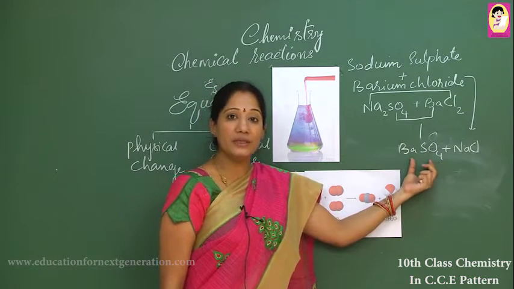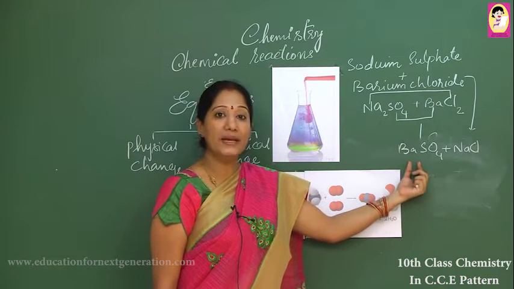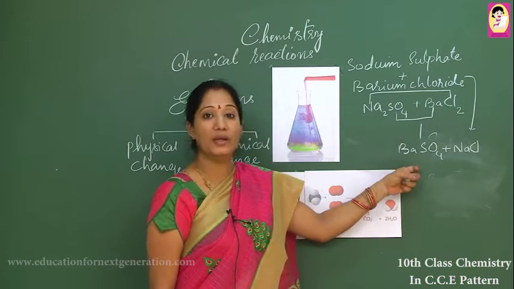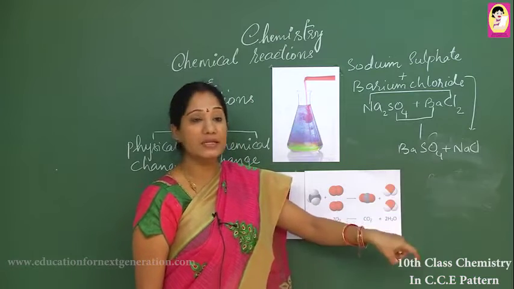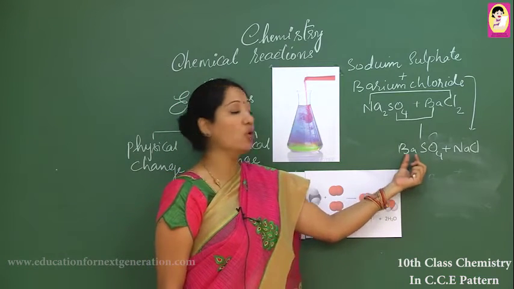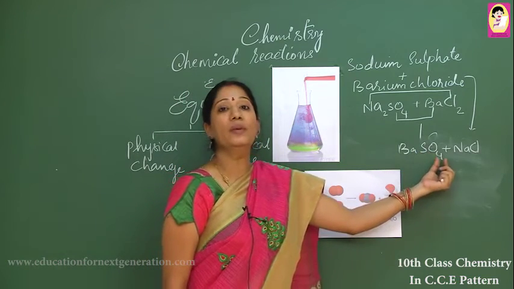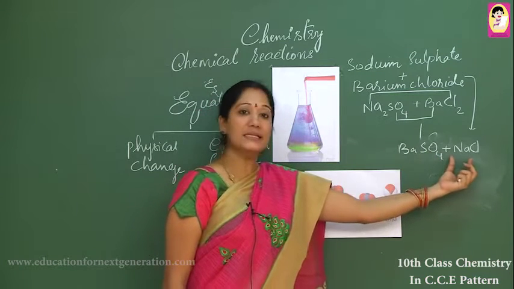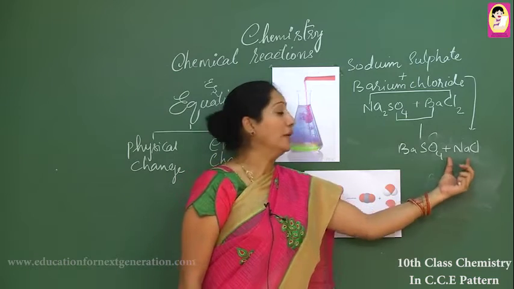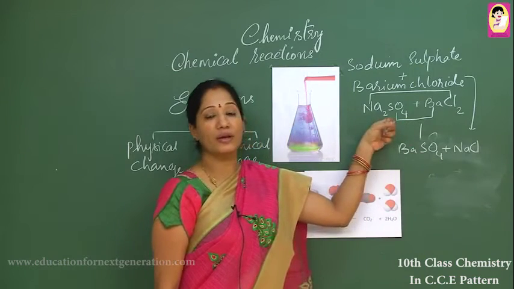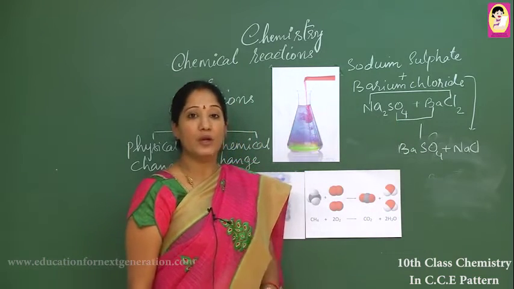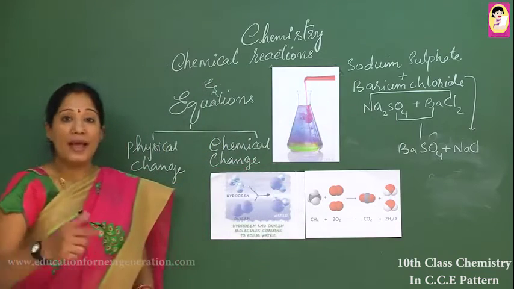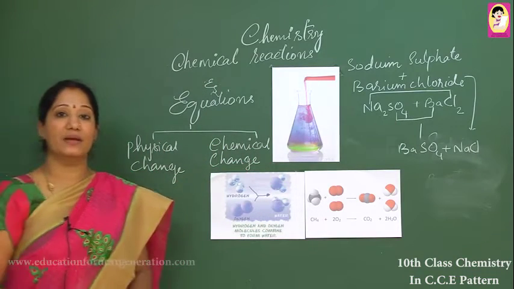It saves your time and gives you a complete picture of how the reaction is taking place, that is, how many atoms of barium, sulfur and oxygen are present in this reaction. When it reacts with sodium chloride, it gives rise to a new component called barium sulfate. Now, the next question you may ask me is, what is a chemical reaction?